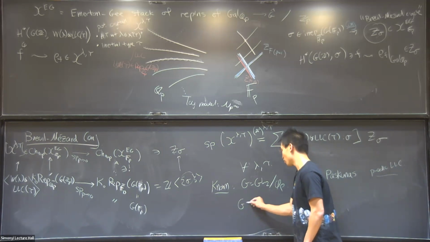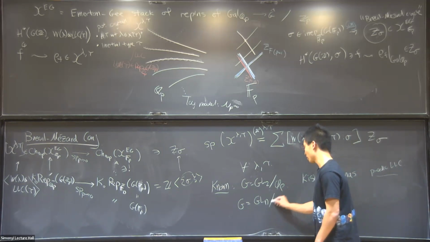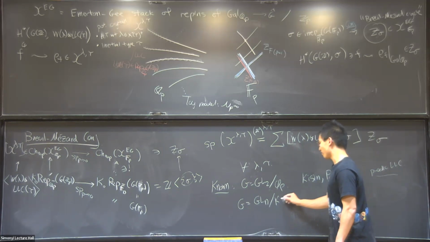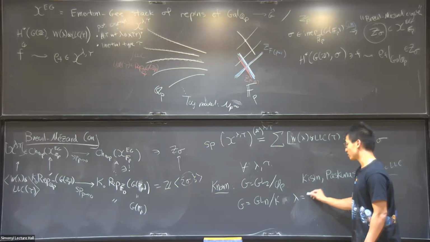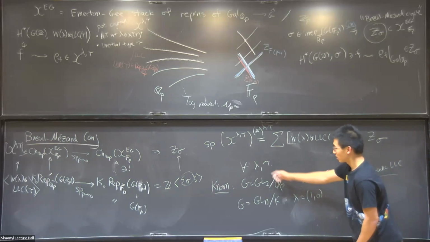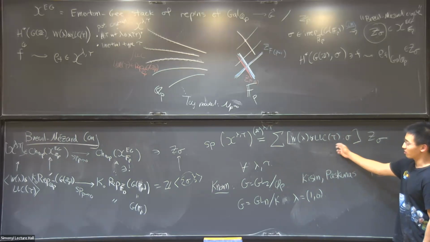Another case which is known is GL_n over an unramified extension, GL_n over some finite extension of Q_p, but you're only allowed to take lambda to be some specific one. So instead of all possible lambda, we fix this very specific one, and then we ask this equation for all taus.